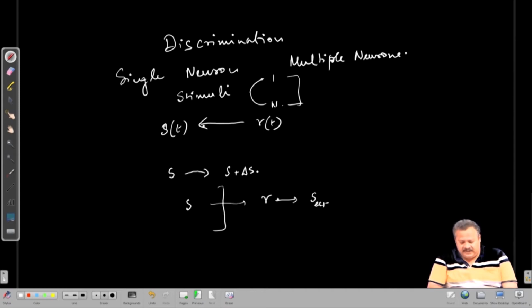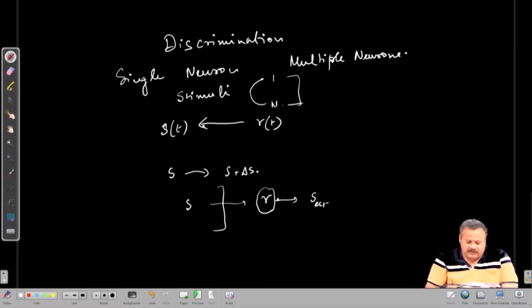So think of S as a parameter here, and the response is the random variable, or the observations, based on which we are going to make an estimate about S.